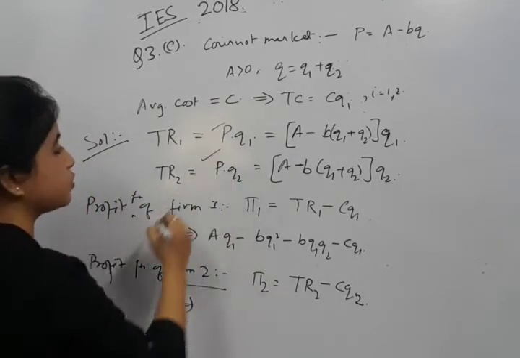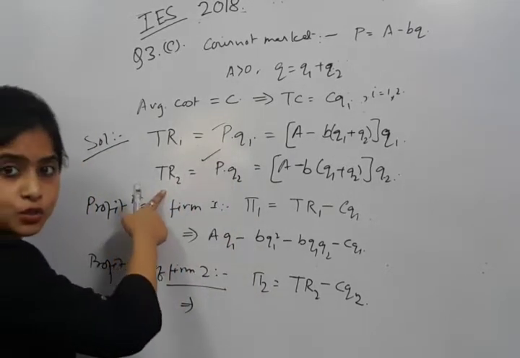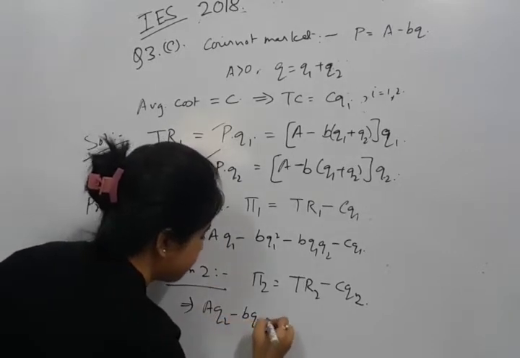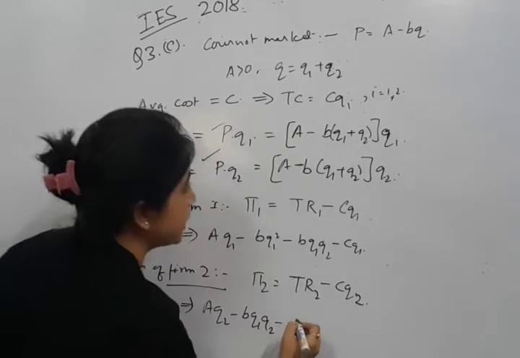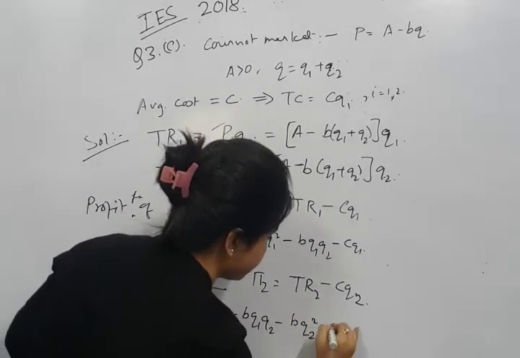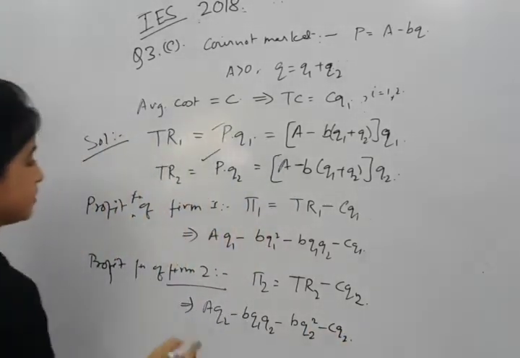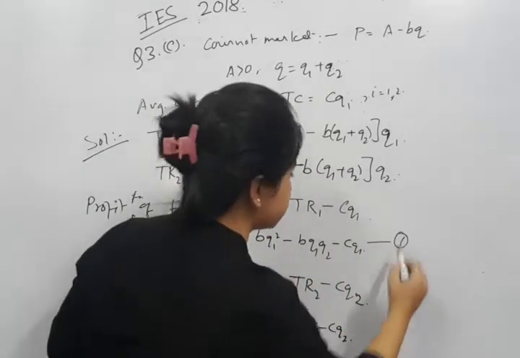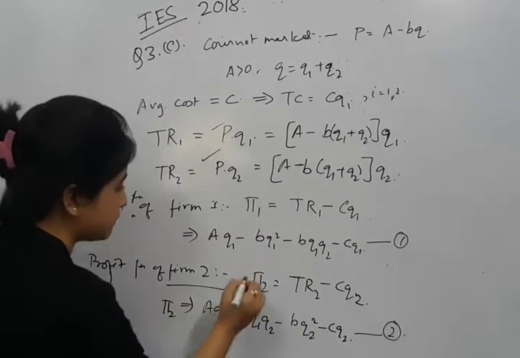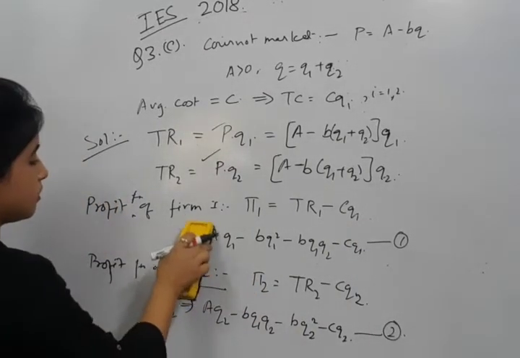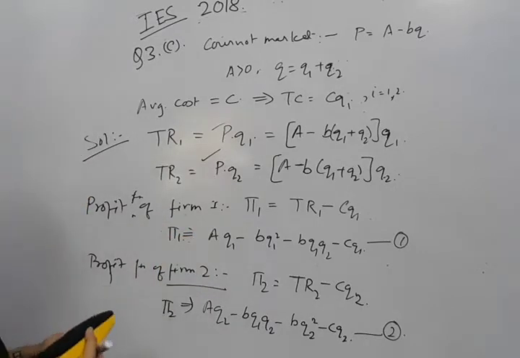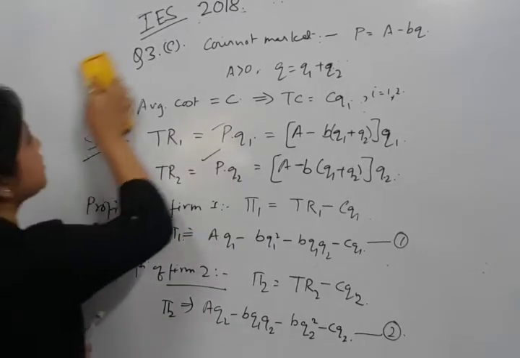So here we have the total revenue of firm 2 over here, minus b Q2 square, right? So we will be needing this one and this one. What are these? These are the profit functions of both the firms. Okay, now I'm just erasing this part.